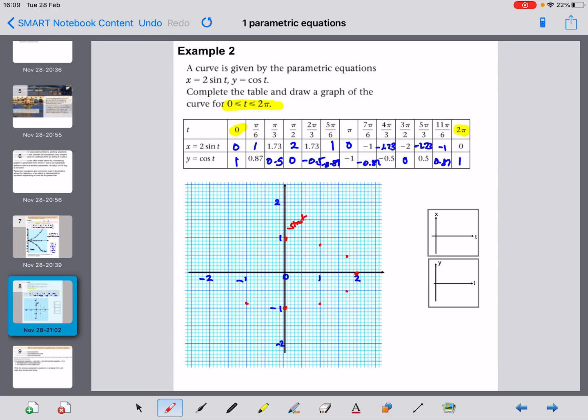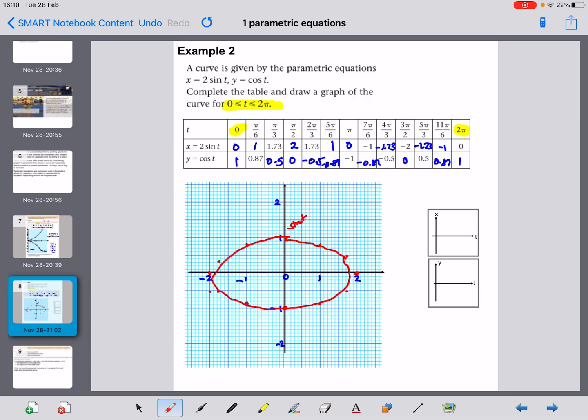So that's going to go there, and then that'll go there, there, then there, then there. Like that. So it's going round in a clockwise direction.